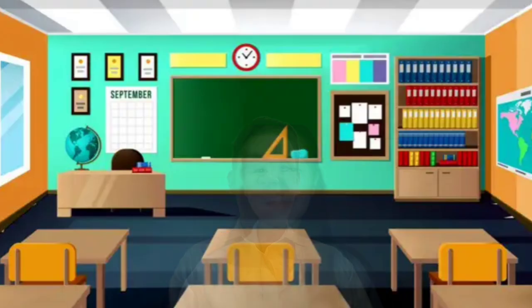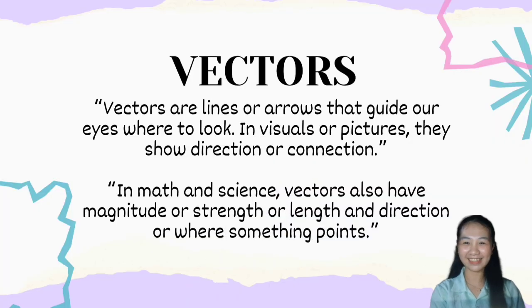Today, we are going to explore something exciting: how visual elements are used in informational text. By the end of this lesson, you will understand how vectors, viewpoints, technical editing, and animation help us get the intended meaning of a text. Don't worry, it sounds technical, but I promise, we will make it fun and easy to understand. Are you ready, class?